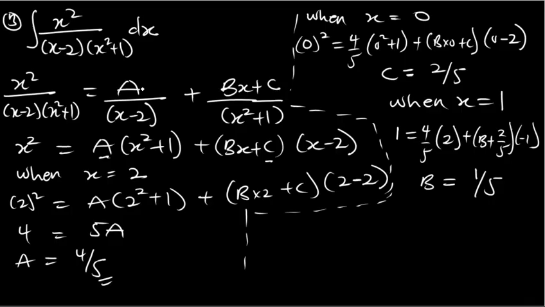So with this, you have the value of a, the value of b, and the value of what? C. So you can do something about the equation now. Are we good? So let's see how best we can also solve.